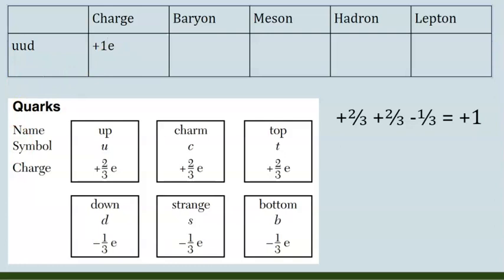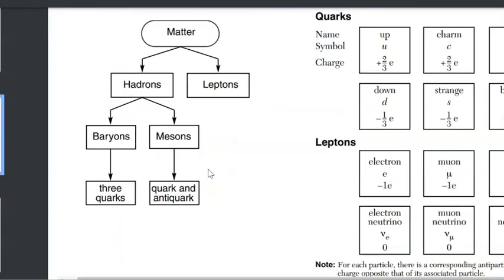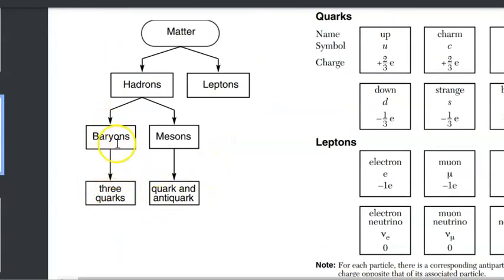The next step is to see if it's a baryon, if it's a meson, if it's a hadron, and if it's a lepton. And whichever one, or if there's more than one that apply, you'll just put a check mark. So it's made of 3 quarks, so I can check here. I see that 3 quarks is considered a baryon, which is also considered a hadron, because a baryon is a specific type of hadron.